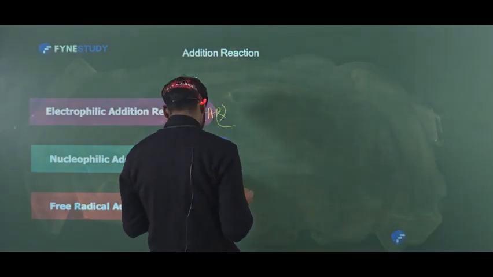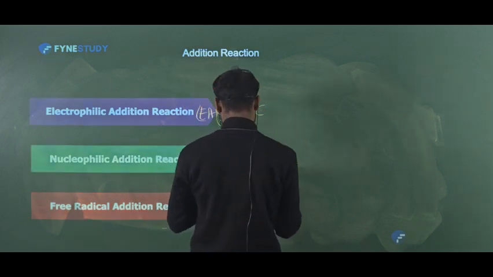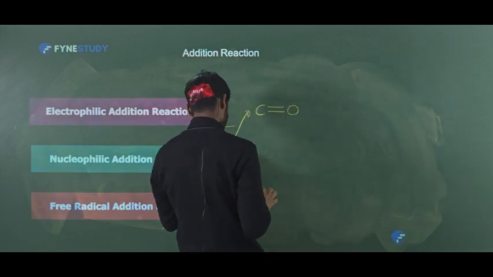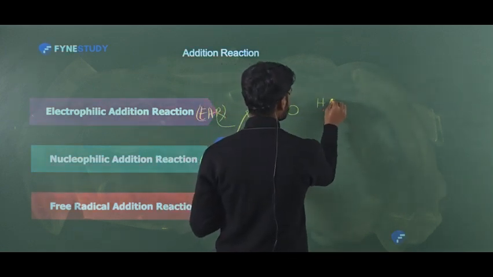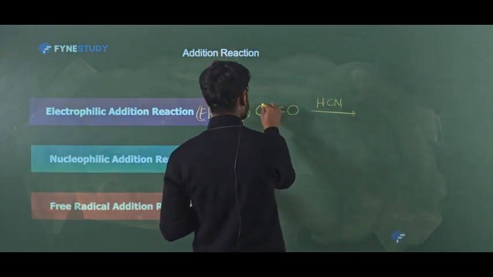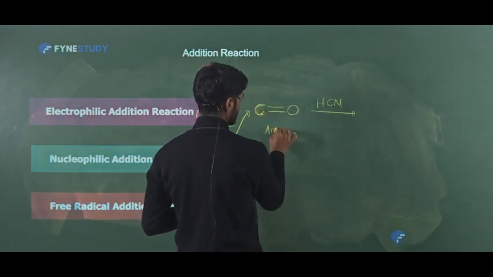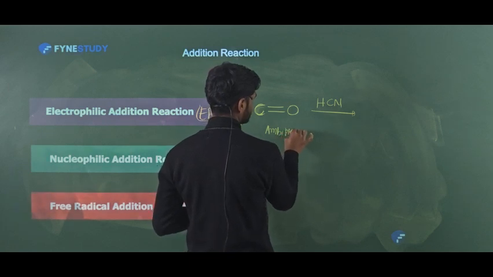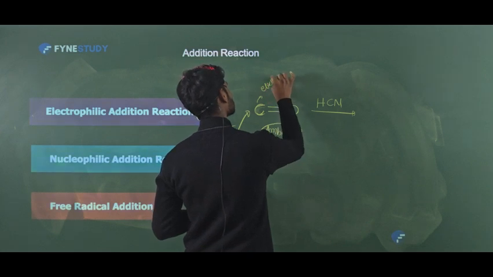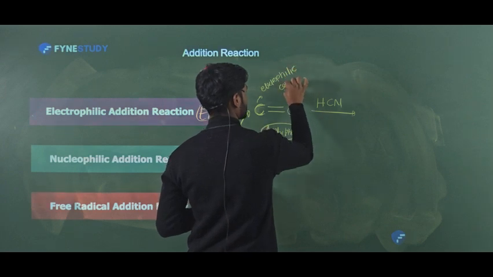Now see, I'm writing for a nucleophilic reaction. So carbon is having a double bond with oxygen, and HCN is approaching this one. So see here, C double bond O, this one is nucleophilic, and here the carbon is the electrophilic center.